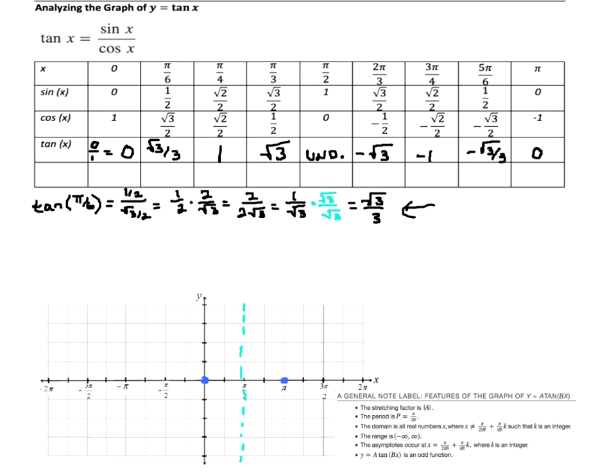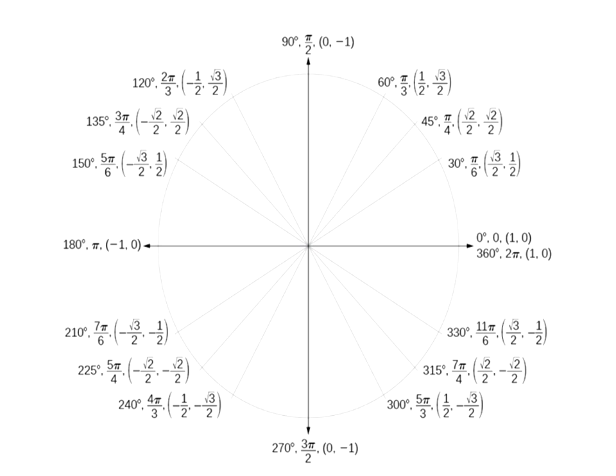So let me check the tangent of negative pi over 2 and see what happens. So that's the same thing as the sine of negative pi over 2 over the cosine of negative pi over 2. Now let's flip back to our unit circle.